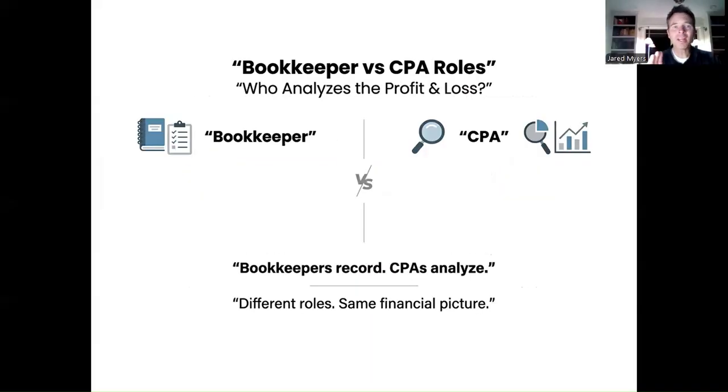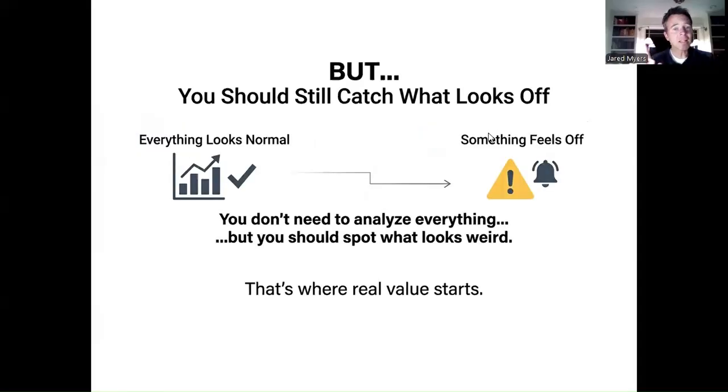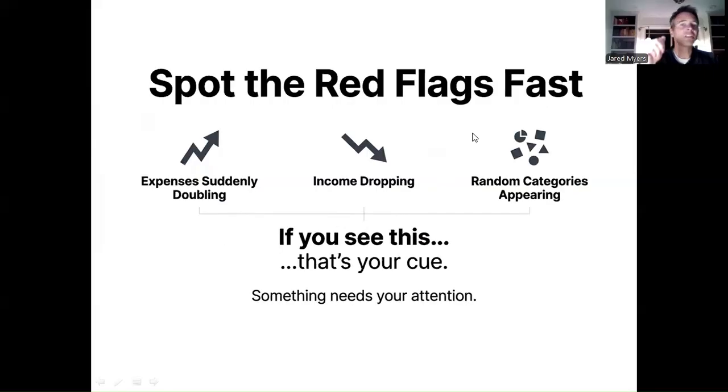Now, how to spot problems fast, even as a bookkeeper. If you're a bookkeeper, it's not technically your job to fully analyze the profit and loss. That's usually the CPA's role. But you should be able to tell when something looks weird, like expenses suddenly doubling, income dropping for no reason, random categories showing up. That's your cue.